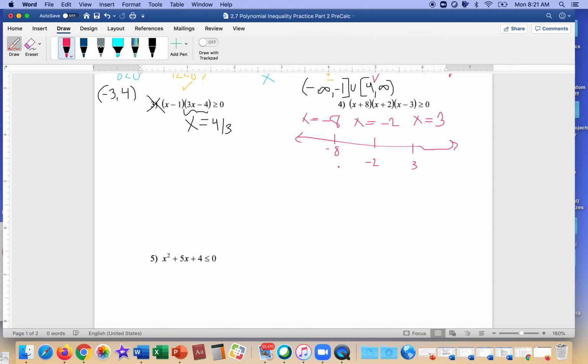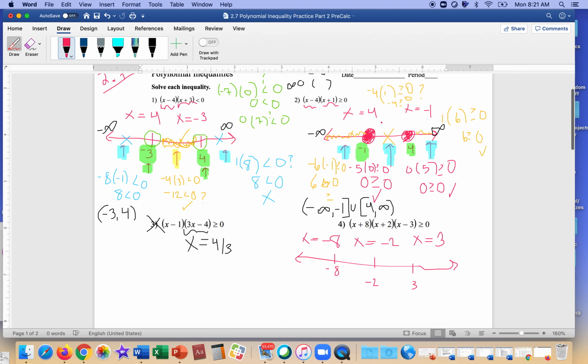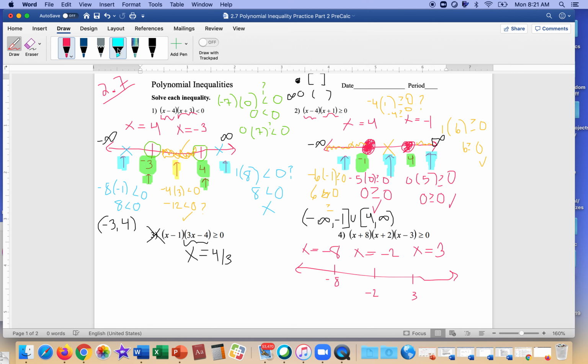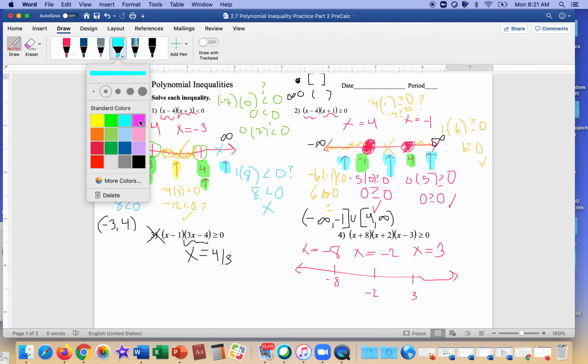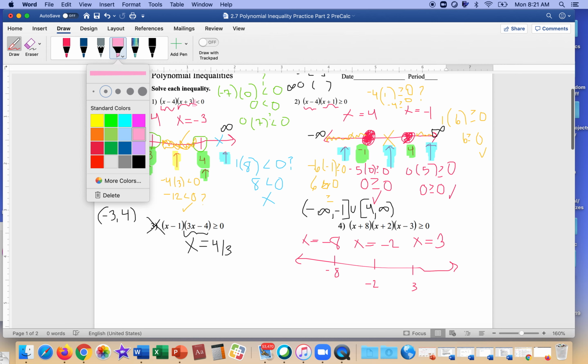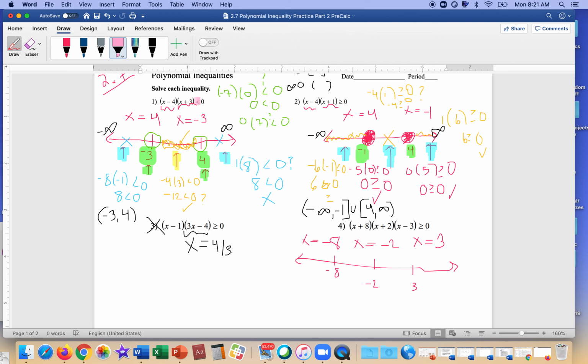So now what we're going to do is we're going to test those values and values in between. Now I want to show you. Let's go up to 1 and 2. Notice for 1 and 2 that, let's look up here. Those critical values, you can right away look at the original symbol and know if it's going to be open or closed circles. So my critical values for number 1 of 4 and -3, because there's no line under the inequality symbol, right?